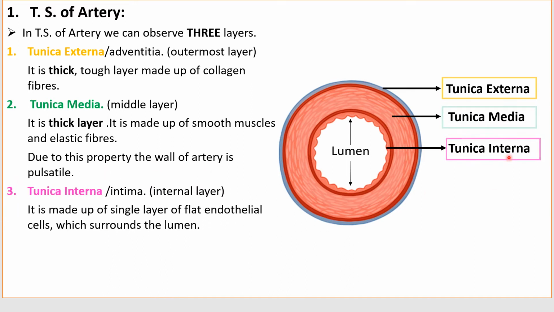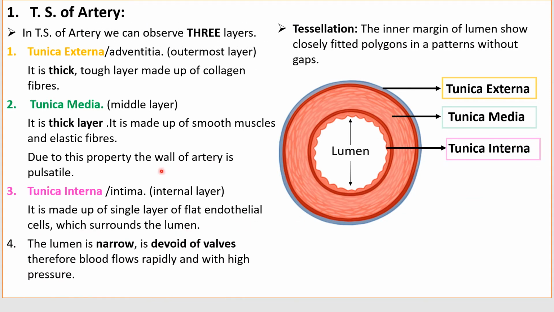The third and internal layer is tunica interna. It is made up of a single layer of flat endothelial cells which surrounds the lumen. The lumen is narrow and is devoid of valves.